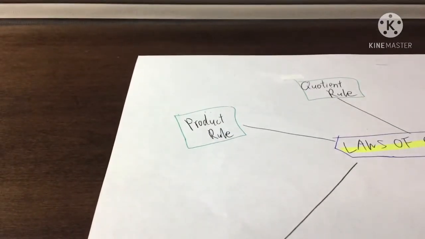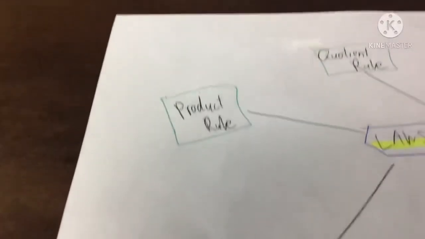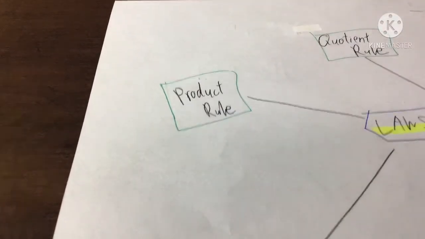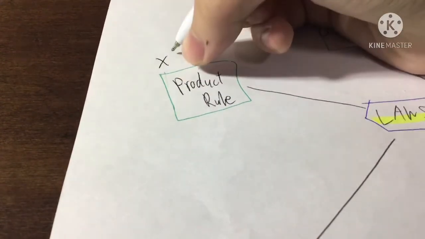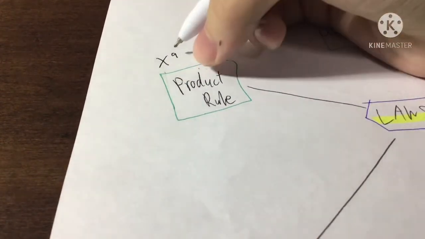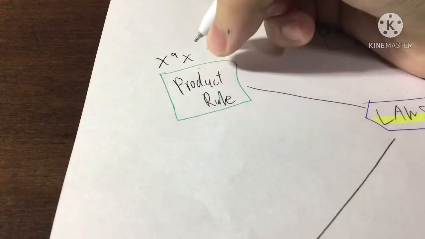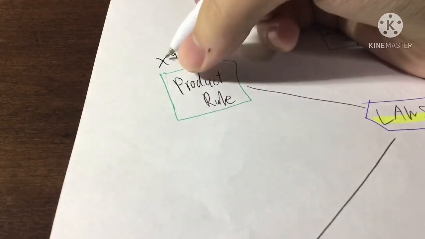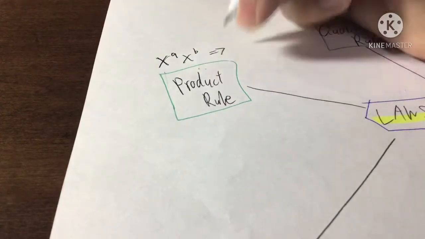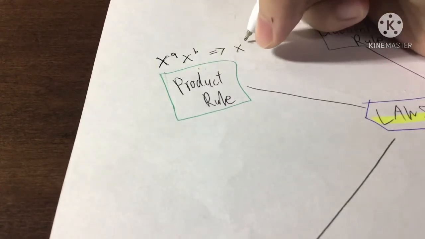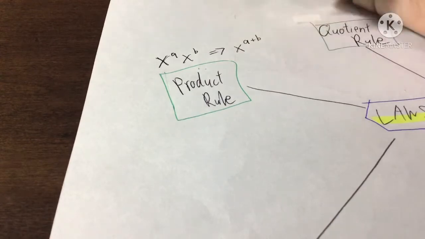We'll have our product rule. Product rule says that any x, any number raised to an exponent of a, times another x, the same number as this one, raised to b, would always be equal to x raised to a plus b.